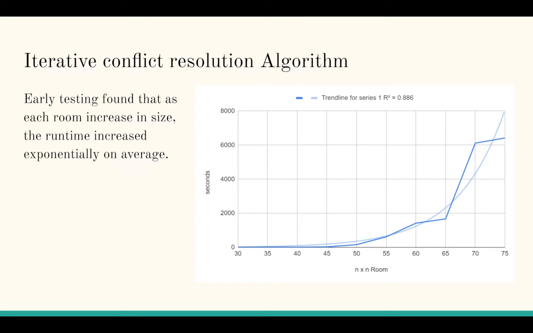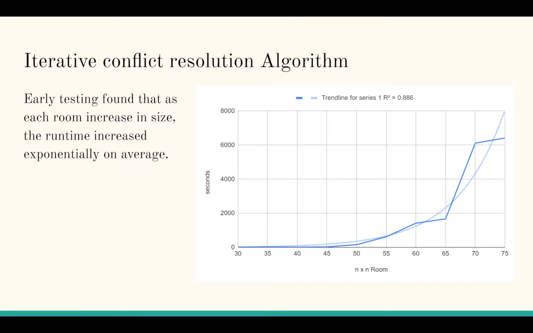Here we had a 75 by 75, and this may look a little strange, but one of the things about ASP is I actually had a run, I think it was a 70, that took under 2,000 seconds, but the average of all the runs was around 6,000 seconds. Because there's a lot of randomness involved in finding a solution, you don't have concrete runtimes. It's very variable, but you do have an average, and the average is this exponential curve.